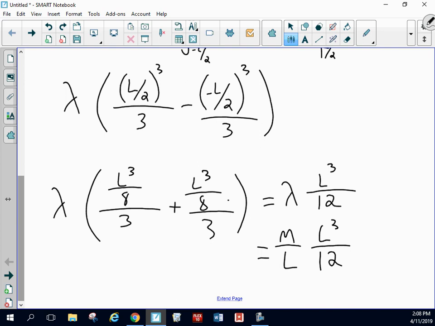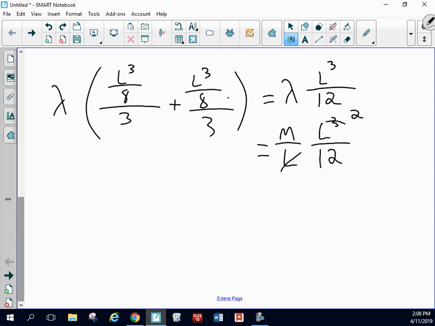Now one of these L's goes away, and that's a good check for moment of inertia. We should always have a mass quantity times some kind of length quantity squared. You can pull out a 1/12 out front: 1/12 M L squared. It's only for a rod, and it's a rod about its center.